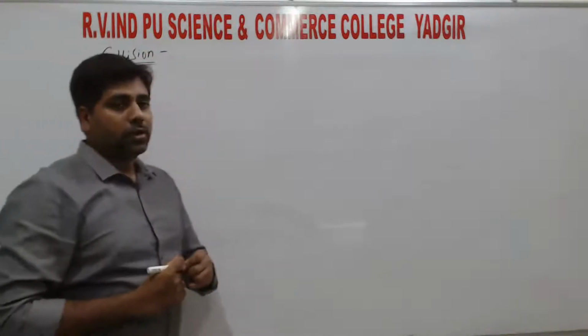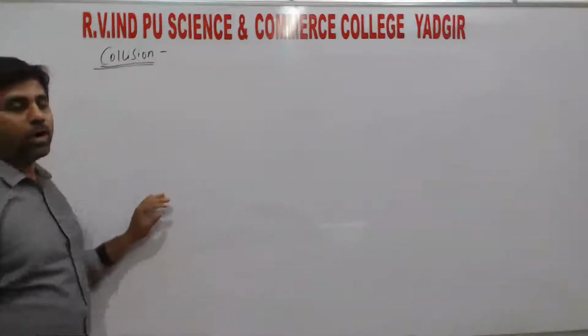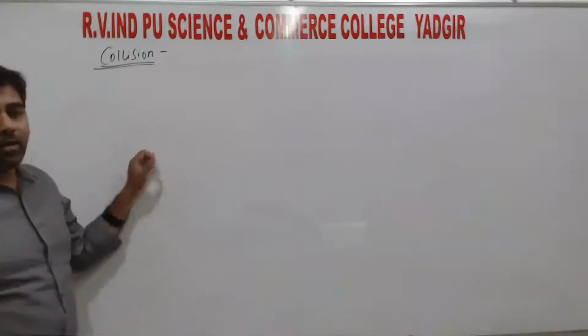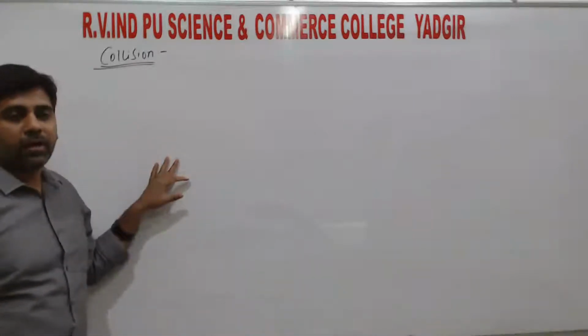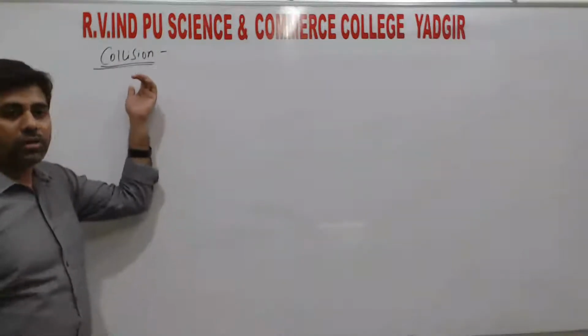So what is collision? It is the interaction between two objects or two particles due to which the magnitude and velocity of the colliding objects or particles may change. That is the definition or concept of collision.